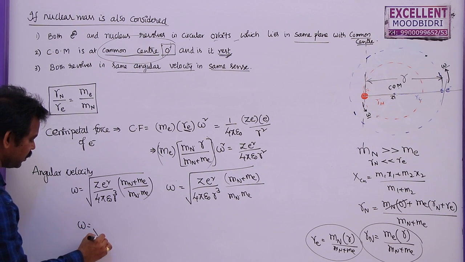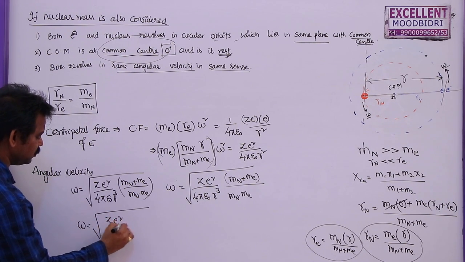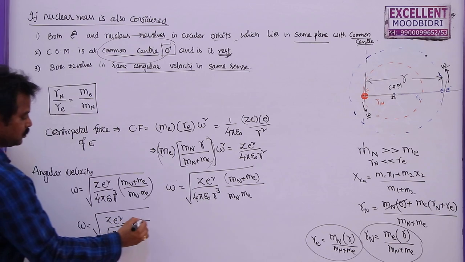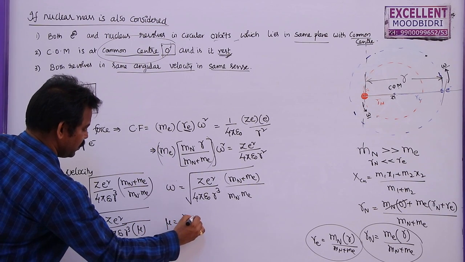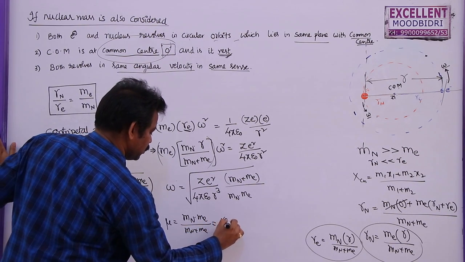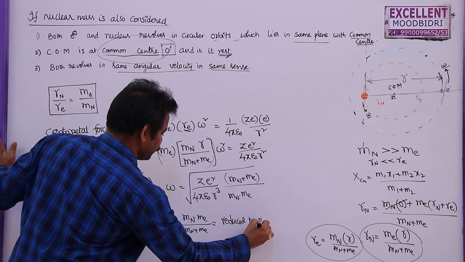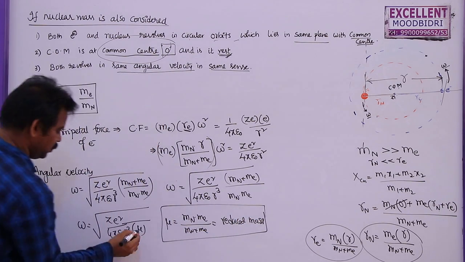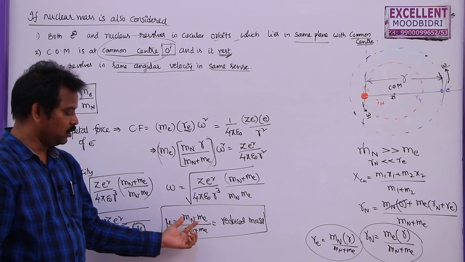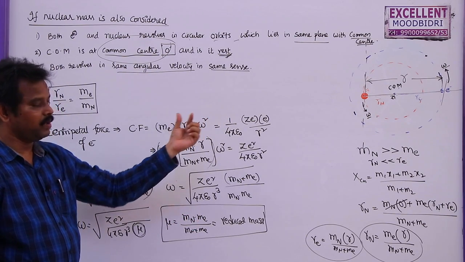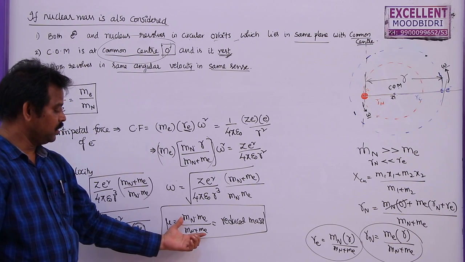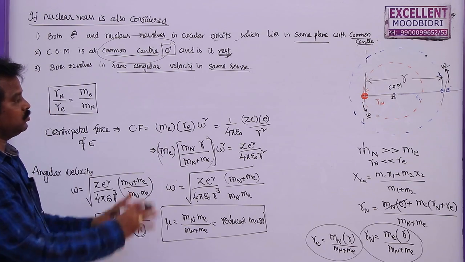So omega can be written as root over Ze square by 4 pi epsilon naught R cube into mu here. Mu is equal to Mn into Me by Mn plus Me. This is called the reduced mass of the system. Now, as it is a hydrogen atom, in the nucleus we have only one proton. This is the mass of the electron, and the sum of these two will be a very negligible value. So this is called the reduced mass here.